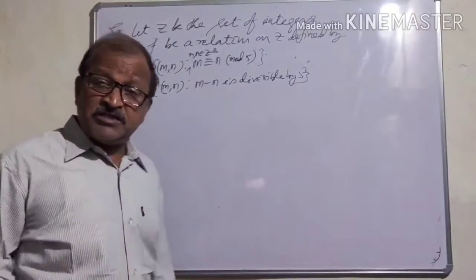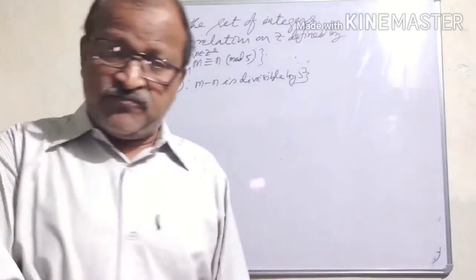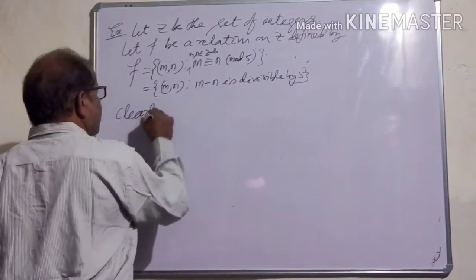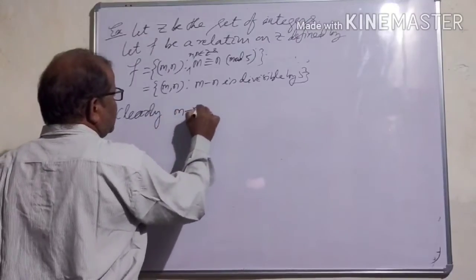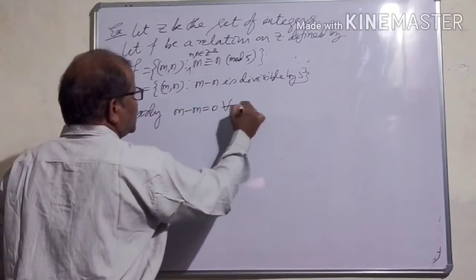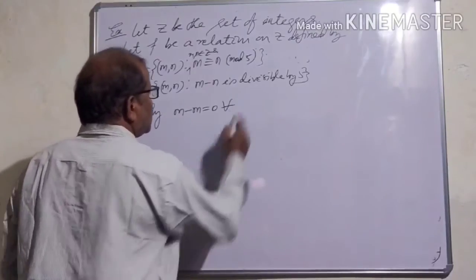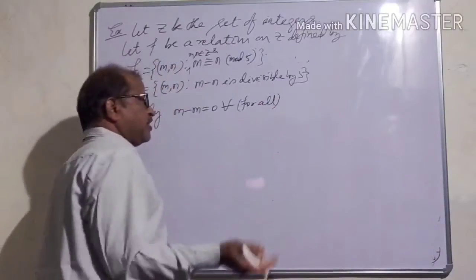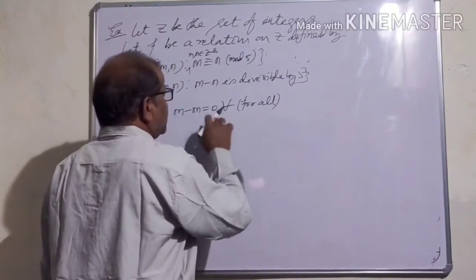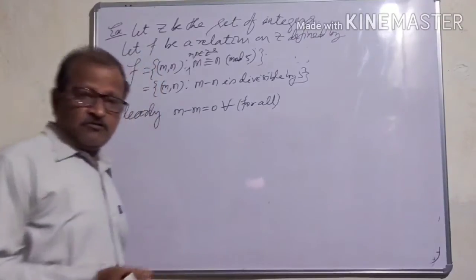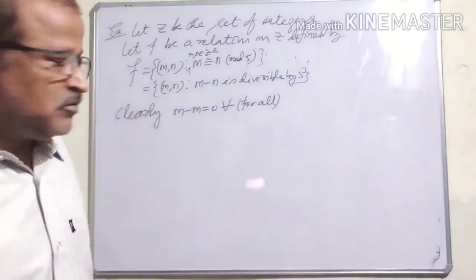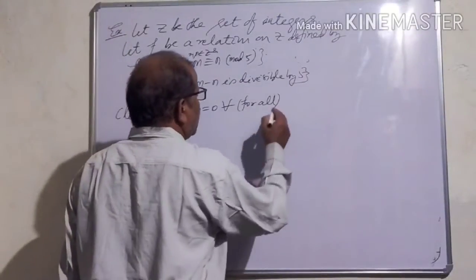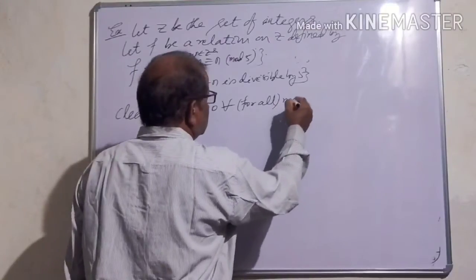It will be reflexive if each integer is related to itself. Clearly m minus m is equal to 0 for all m belonging to Z. For every integer it is 0: 3 minus 3 is 0, 7 minus 7 is 0, 100 minus 100 is 0.